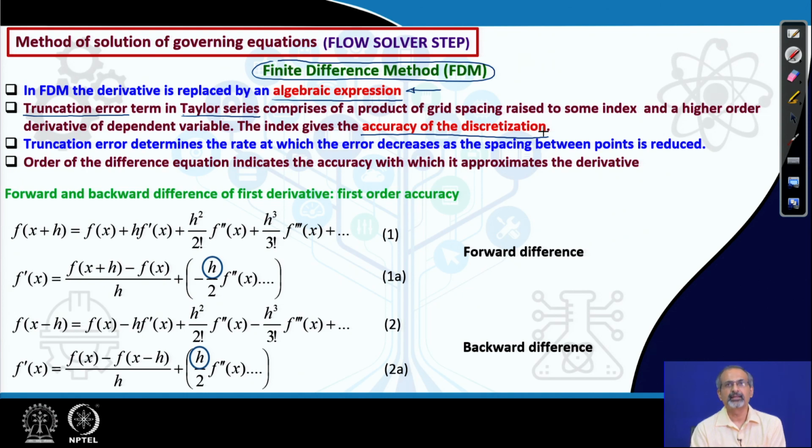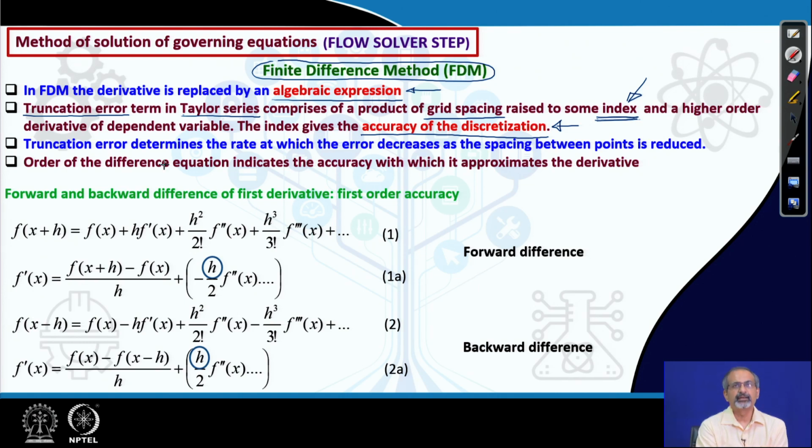We will find that the first term contains a product of the grid spacing that we use raised to a certain index, and it is multiplied with a higher order derivative of the dependent variable. In order to work out the accuracy of the discretization, we have to keep a close watch on the index of the grid spacing. We will be able to understand it better in a couple of minutes from now.